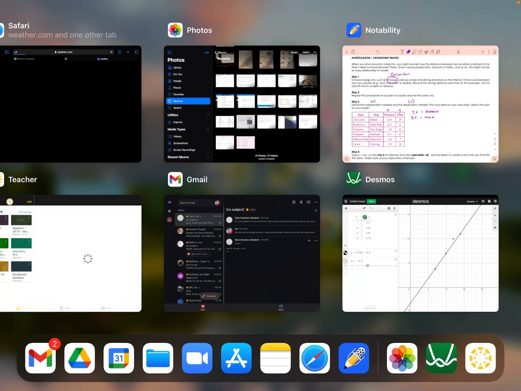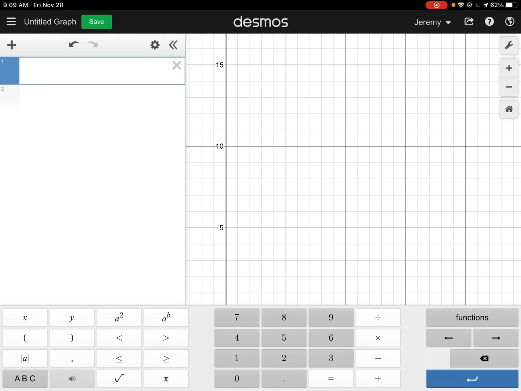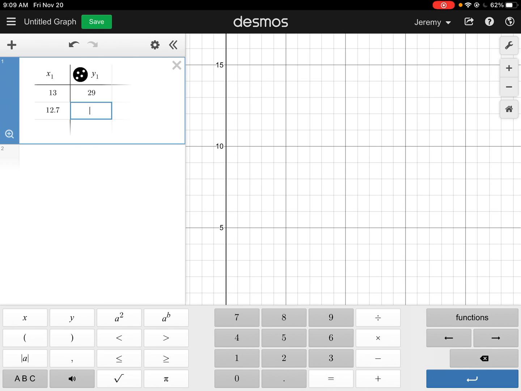I'm going to jump over to Desmos and get rid of this table here, and add another table. So we had 13 and 29. We had 12.7 and 21. We had 9.8 and 23.